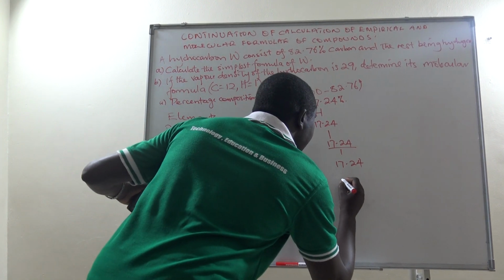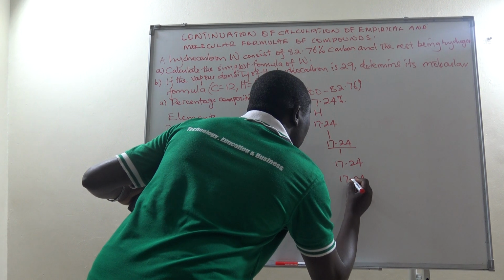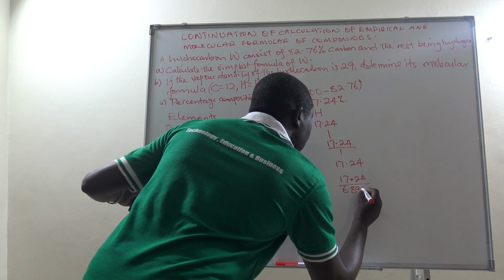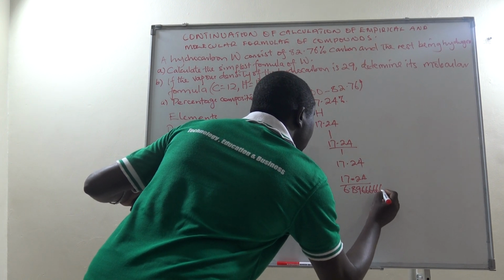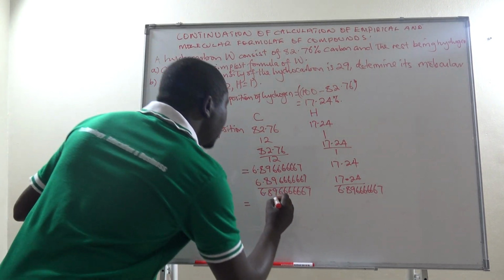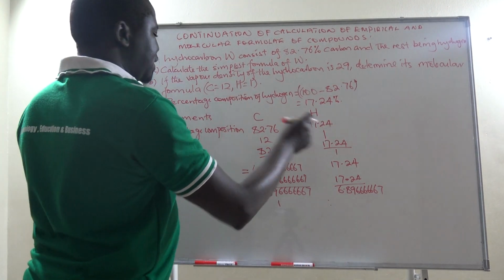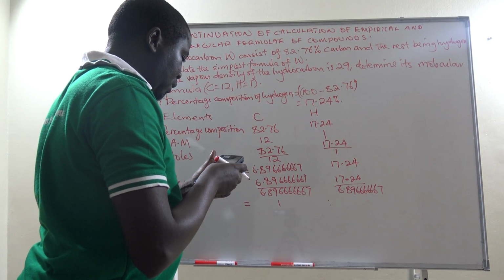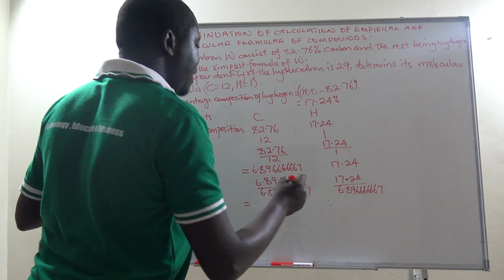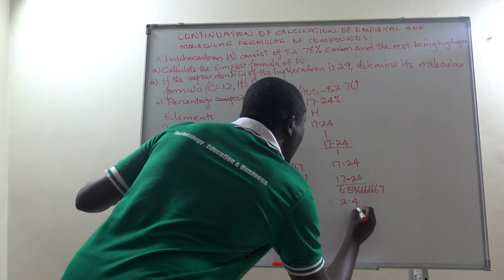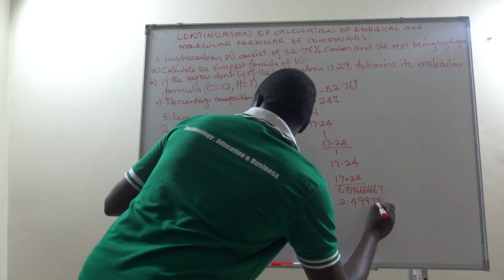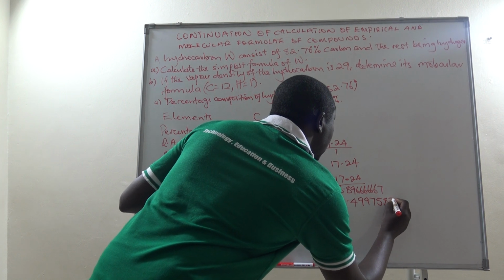Even here, the 17.24, we divide it by the smaller number of moles, that is 6.89666667. What we get from here will be our mole ratio. So our mole ratio will be a ratio of 1 to, let us get the other one also. So it is 17.24, we divide by that. And here we have got 2.499758337.